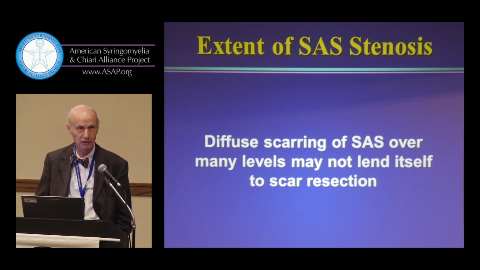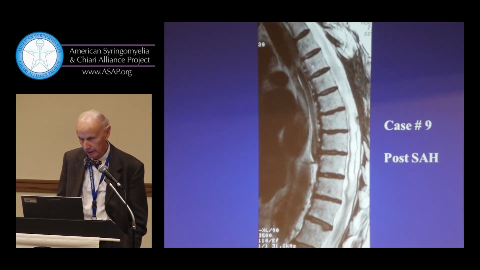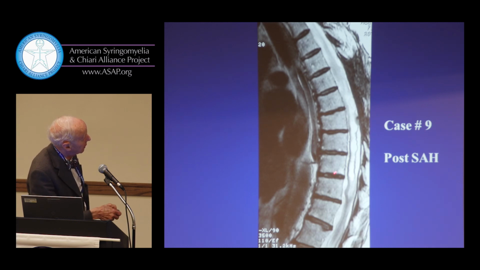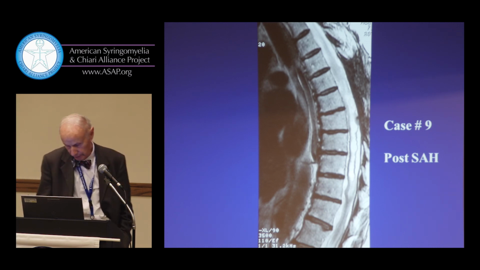You cannot resect a scar over many vertebral levels, and you are more likely also to cause cord injury doing that. Here is a patient with an example of a subarachnoid scar that extends way, way up over several levels following a subarachnoid hemorrhage.